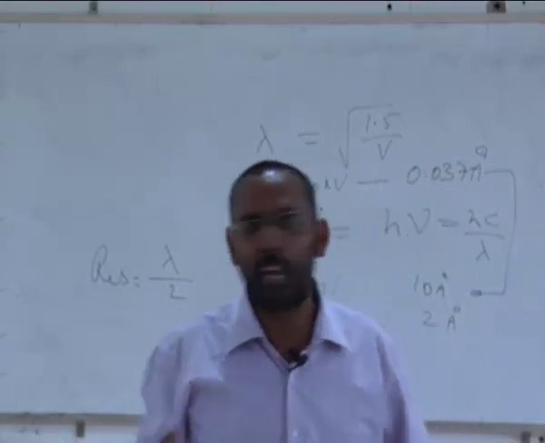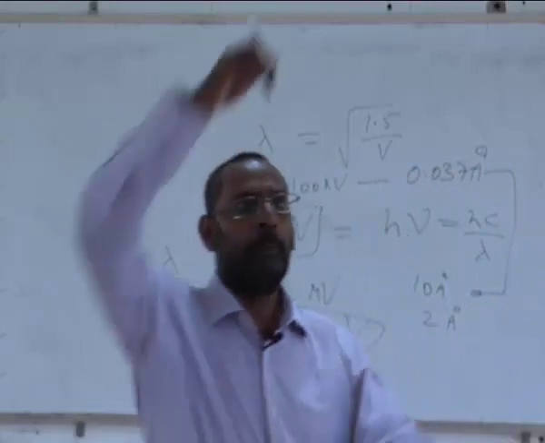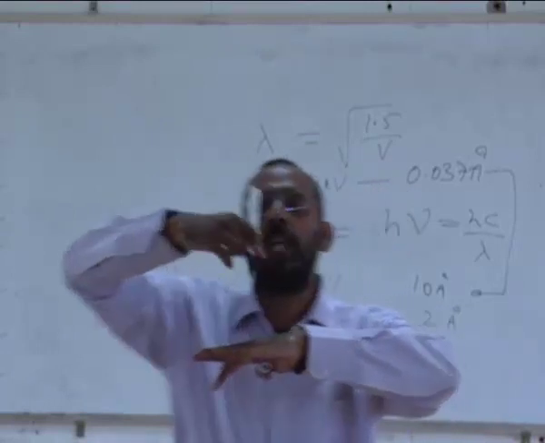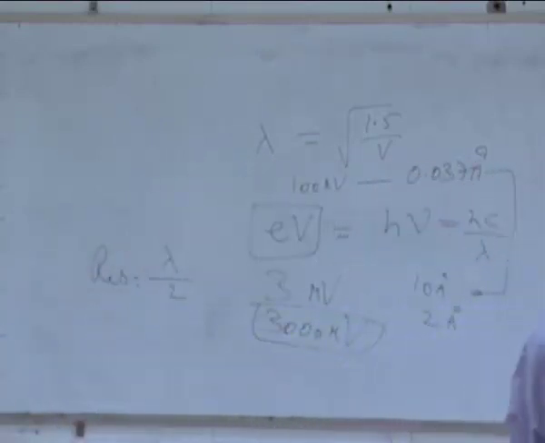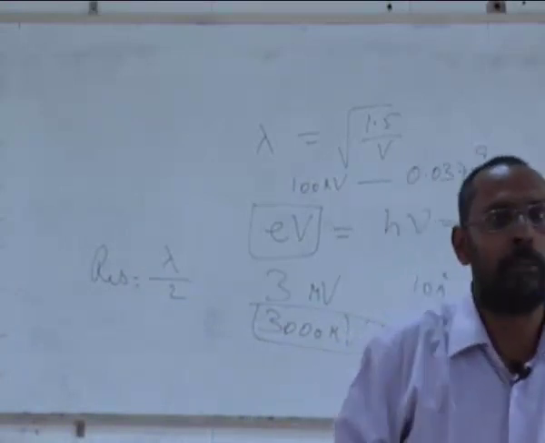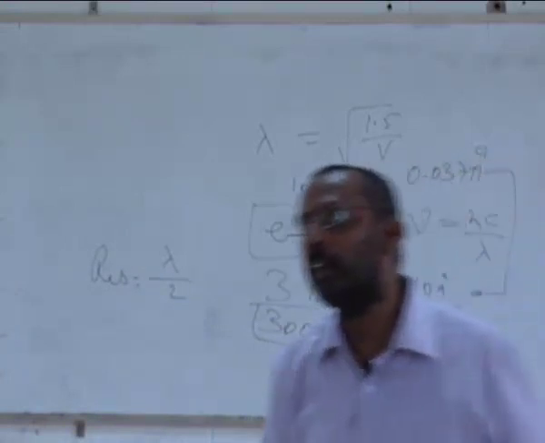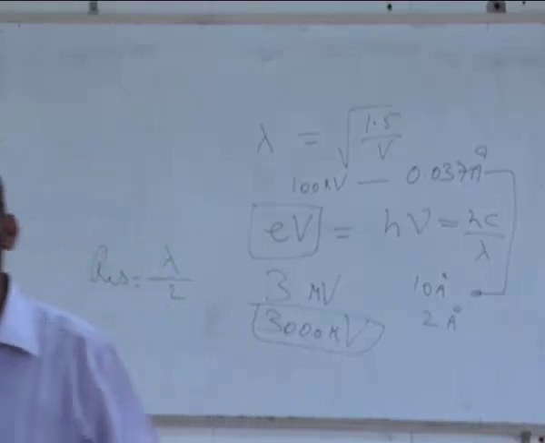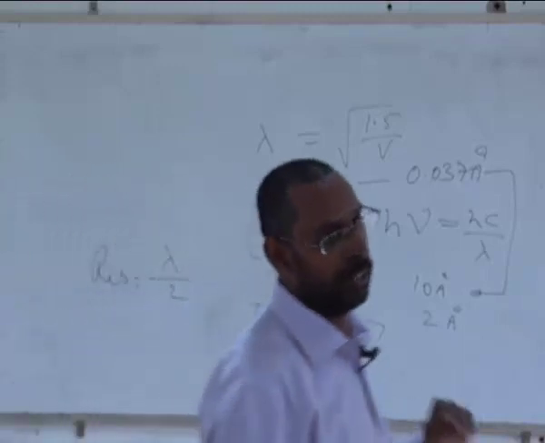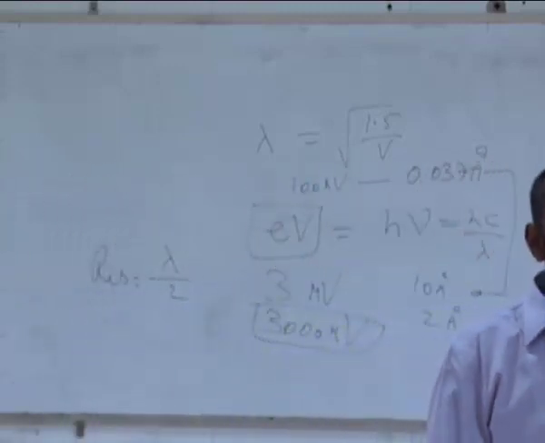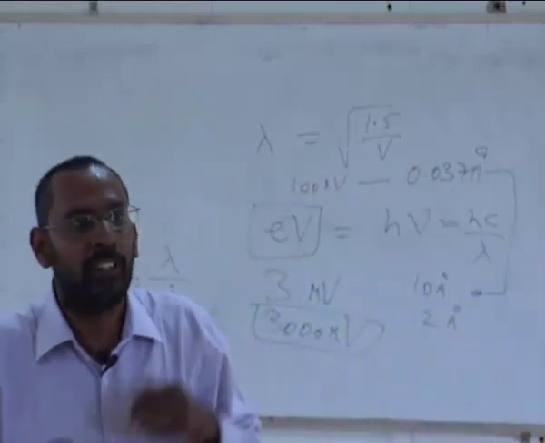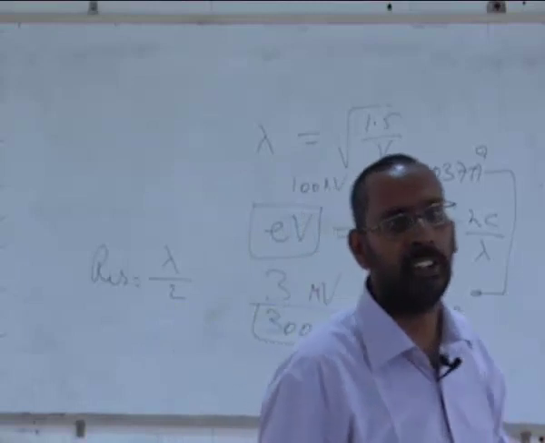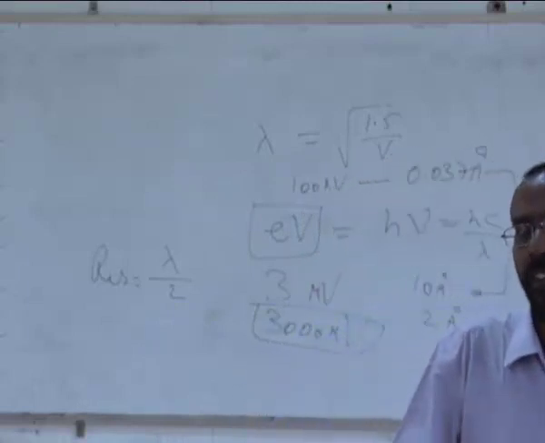If I am starting with an aluminum sample, when I put this beam on that aluminum sample for some time, after some time if I look at the sample, I will see this aluminum is no longer FCC, but it has actually become amorphous. What do you mean by amorphous? No crystal structure. That means the crystal structure has broken down by the bombarded electrons. They destroyed the crystal structure. It has made it into an amorphous structure.